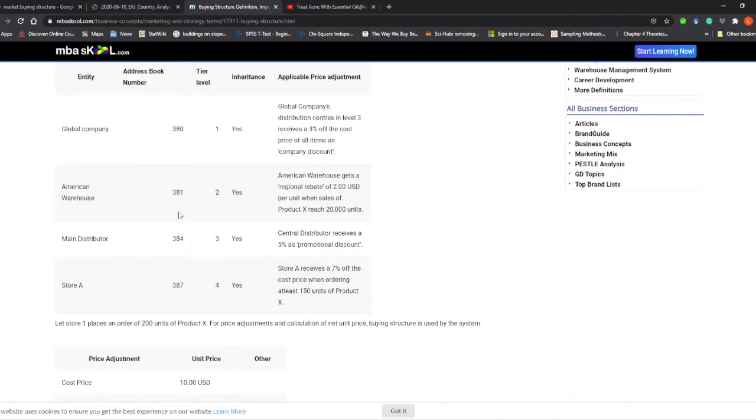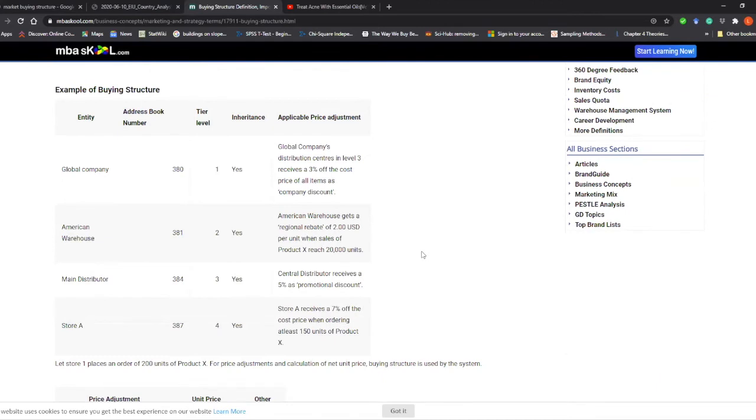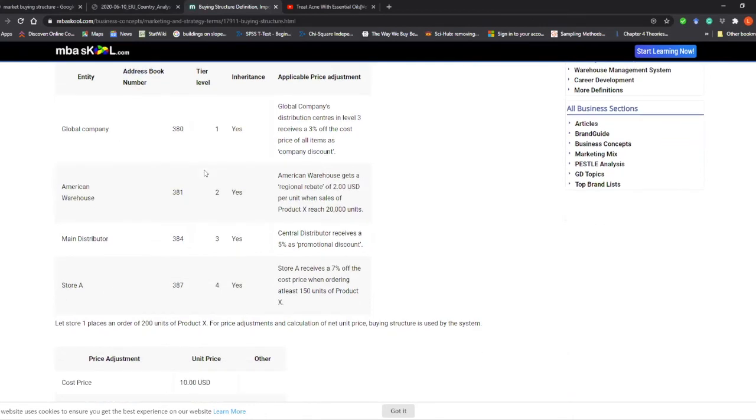As you go further down, they present a grid that shows different entities within the buying structure, and the various levels of price negotiations that can take place at each tier.